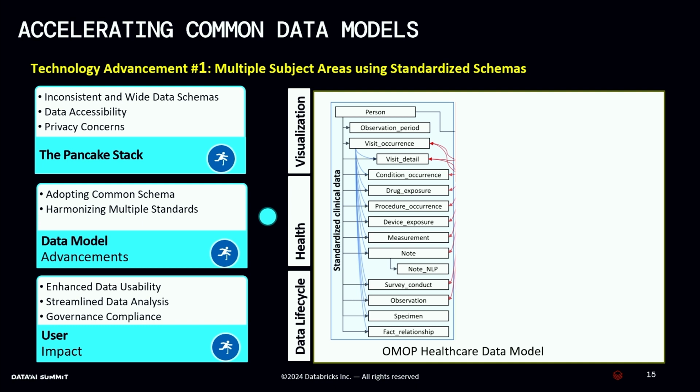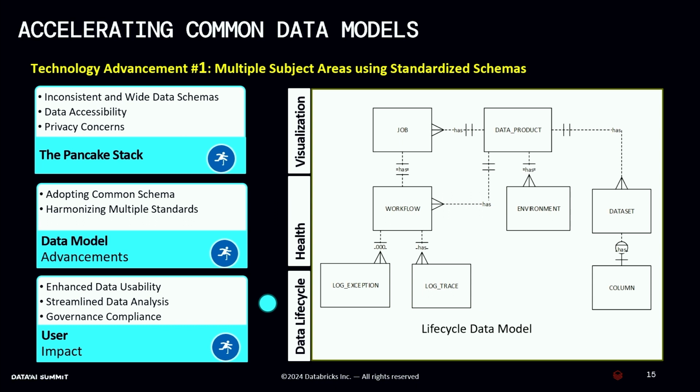It's important to note that you can also put different data in the same data model. While we may use an OMOP schema, and I'm throwing out a lot of acronyms that I'm not going to go through each one of, you can just think of these as database standards. But we've harmonized them together. I guess that's the key point into these structures that you're seeing on the screen.